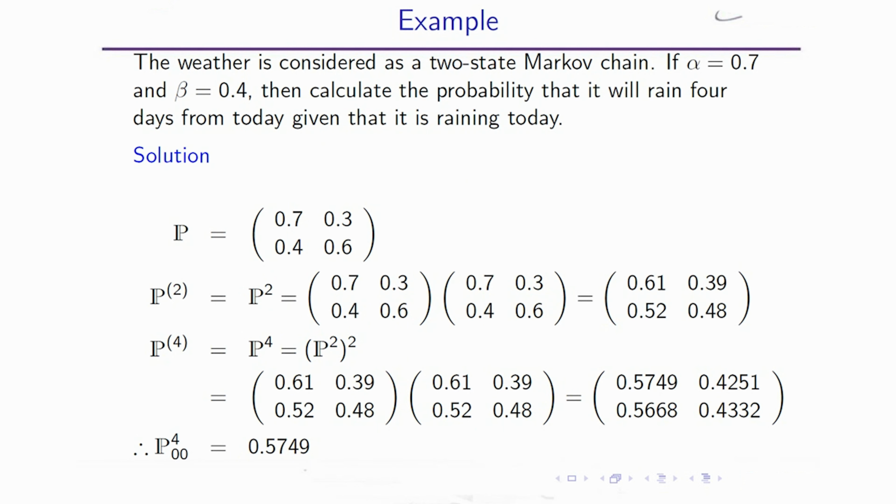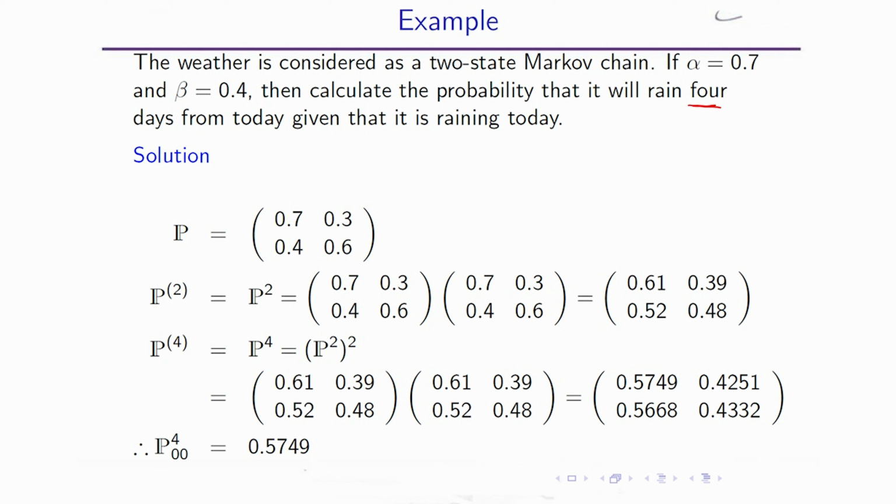Example. The weather is considered as a two-state Markov chain. If alpha is equal to 0.7 and beta is equal to 0.4, then calculate the probability that it will rain 4 days from today, given that it is raining today. So 4 days, so we are looking at the four-step transition probability matrix.